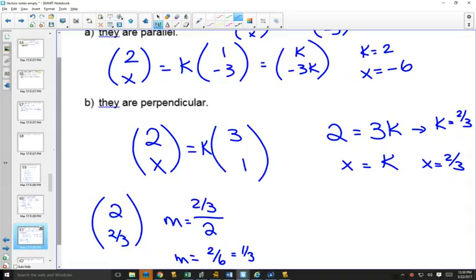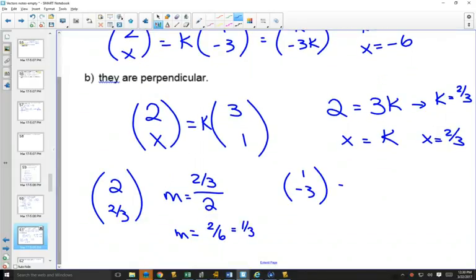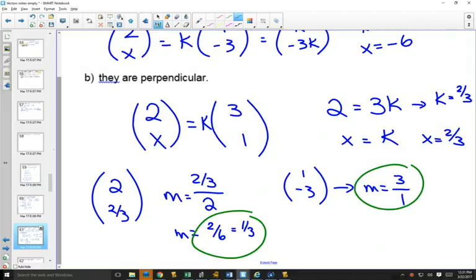And if we do rise over run for our other one, which was 1, negative 3, then our slope would be negative 3 over 1. Oops, sorry, I forgot the negative here. Are those two slopes negative reciprocals? Yes. So you can do a check after you solve it. Did it actually work out that my slopes are negative reciprocals? And in this case, they do. So you'll know that they're perpendicular.